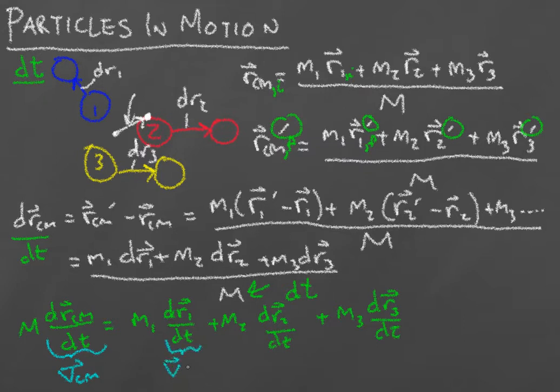This is the velocity of mass 1, the velocity of mass 2, and the velocity of mass 3. In other words, the total momentum. So we can now say that the total momentum of the center of mass is the total mass times the velocity of the center of mass, and that's equal to the sum of all the other momenta.